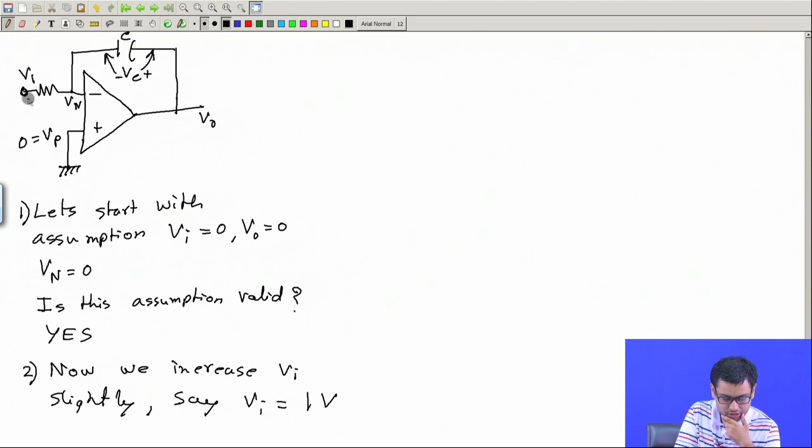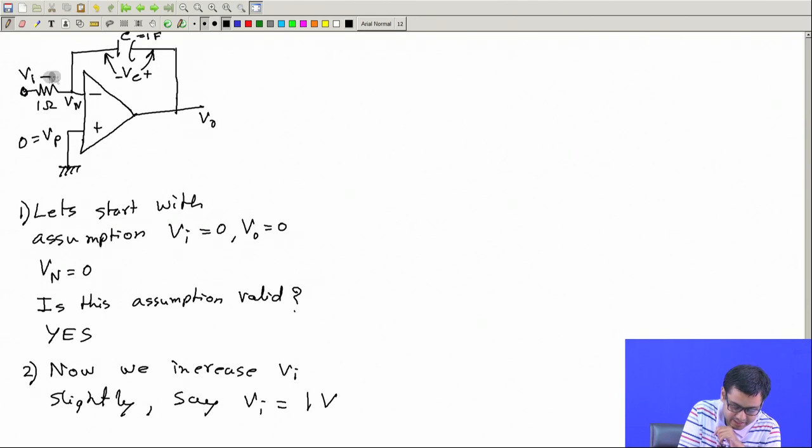A current, if this remains at 0, let me call this 1 ohm. This is also 1 farad. I mean large numbers, I am just taking this for ease of calculation. This is not a practical number, of course, but just for ease of calculation.